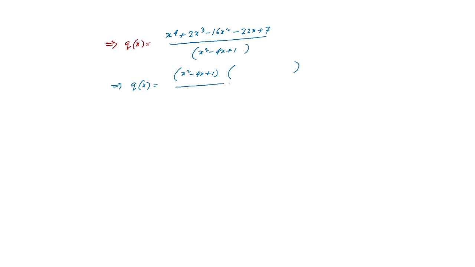Our f(x) is x to the power 4 plus 2x cube minus 16x square minus 22x plus 7, divided by x square minus 4x plus 1. That implies q(x) equals x square, because it is a factor. So multiply something by x square minus 4x.